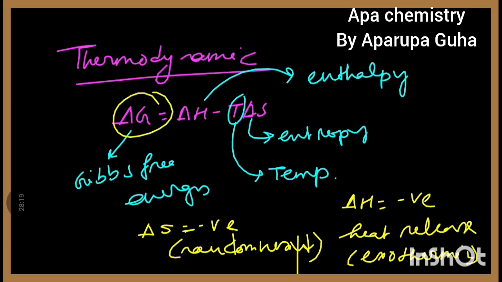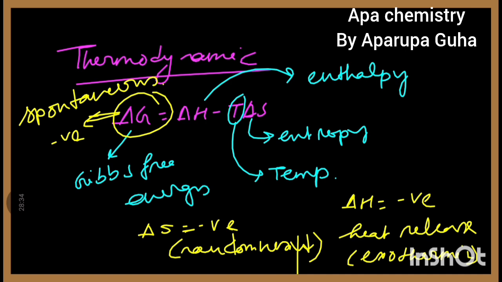And also del G should be negative, that means spontaneous. Okay, so del H, del S and del G should all be negative.